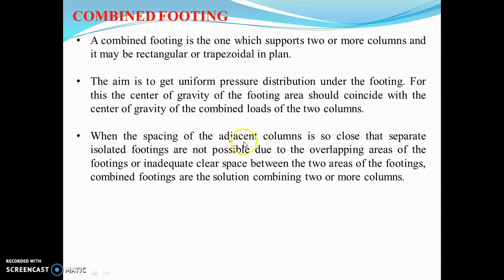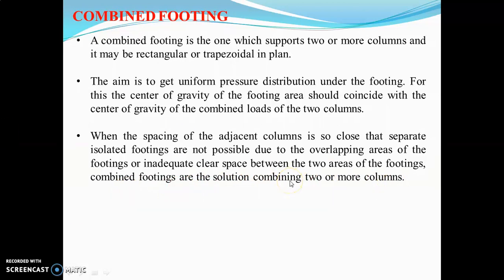When the spacing of the adjacent columns is so close that separate isolated footings are not possible due to the overlapping areas of the footings, or inadequate clear space between the two footings, combined footings are the solution, combining two or more columns. You understood, no?